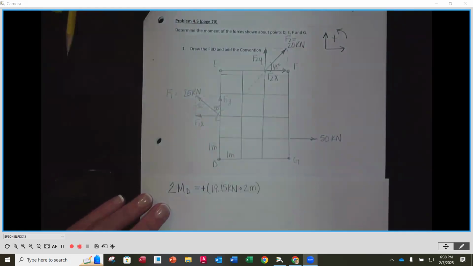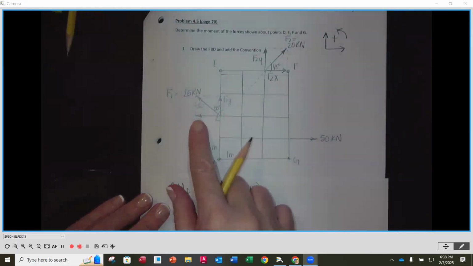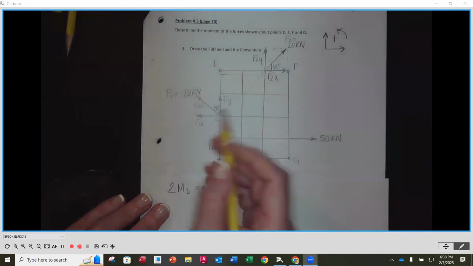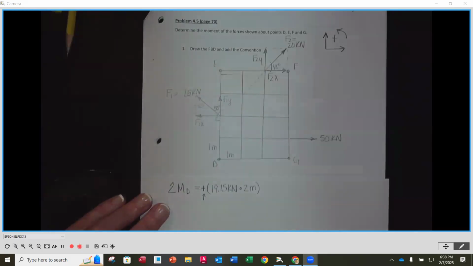I want to show you that this force, F1x, is pointing to the left. A negatively directed force is causing a positively directed moment. This is rotation. This has nothing to do with this being left or right. It has to do with where it is in relationship to the point that we're summing around.